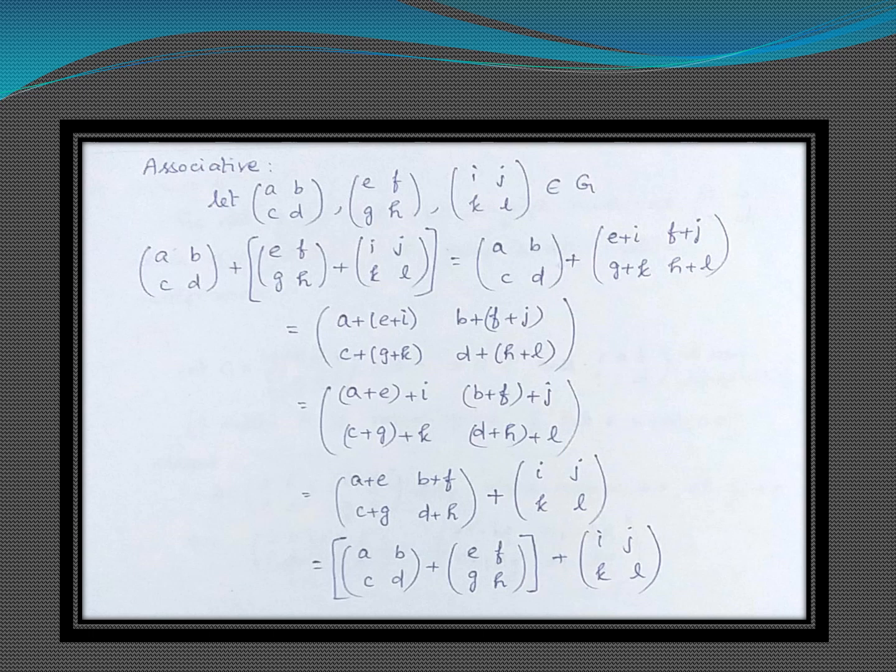The first matrix becomes A plus E, B plus F, C plus G, D plus H, plus the second matrix is matrix I, J, K, L, equal to, again we are going to split the first matrix. It becomes matrix A, B, C, D plus matrix E, F, G, H plus the matrix I, J, K, L. Therefore, we are proving that the matrix addition is associative.